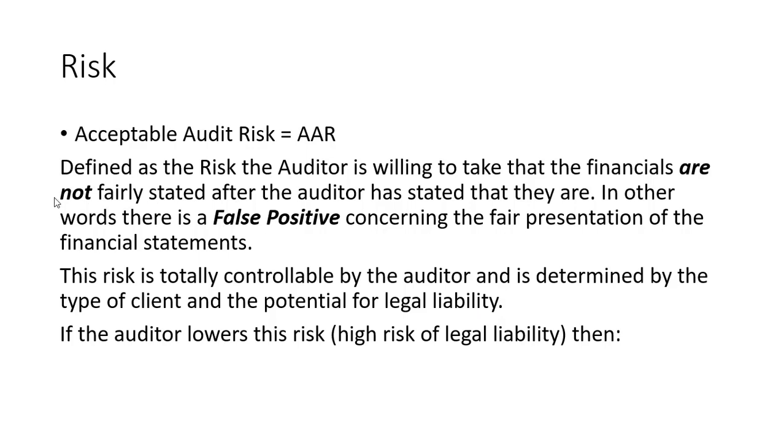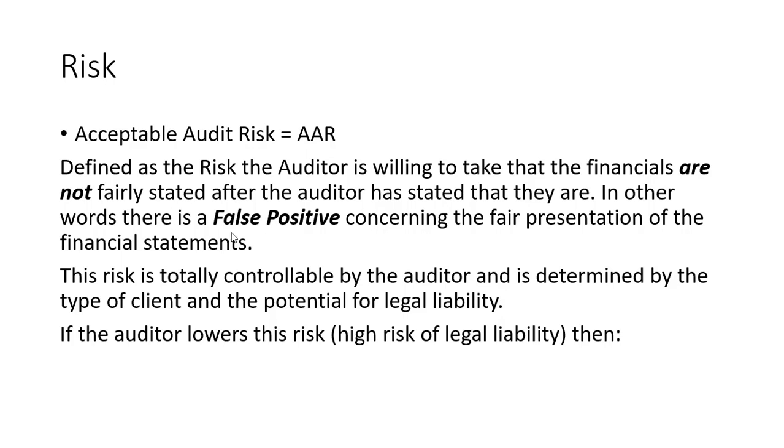Third risk that we talk about is acceptable audit risk, designated by AAR, and that's defined as the risk that the auditor is willing to take. And we see this phrase, willing to take, that means that there are controls. The auditor can determine what that risk should be, that the financials are not fairly stated after the auditor has stated that they are.